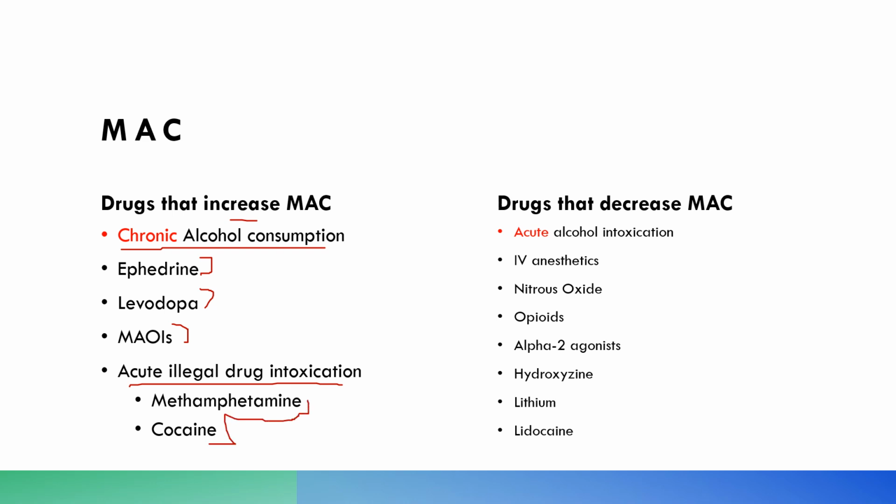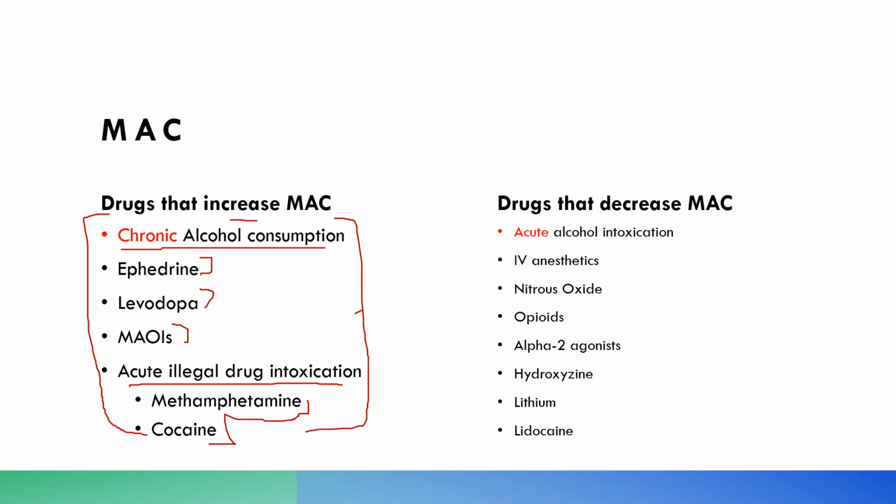What these have in common is these are hypermetabolic states, including the chronic alcohol consumption. We have enzyme induction, so we're able to metabolize our drugs quicker. Ephedrine, levodopa, all these things increase our sensory state. So we have to decrease the sensory state with anesthesia, so this makes it harder.